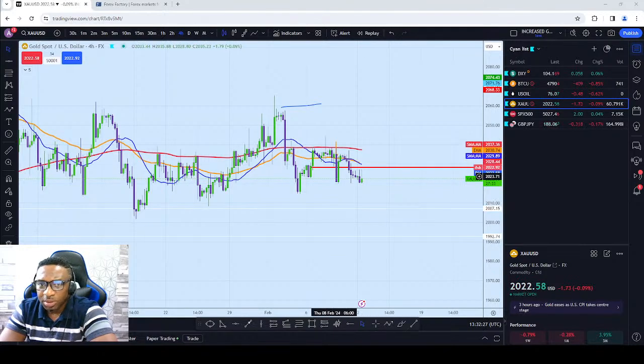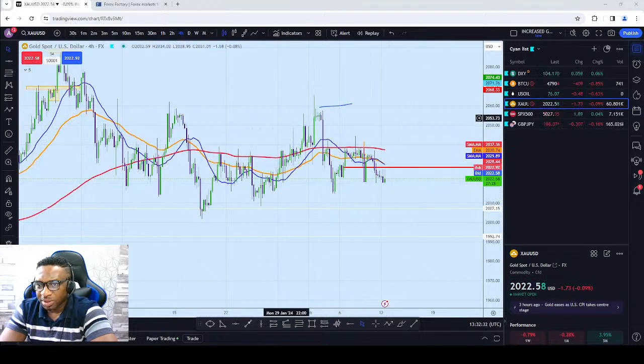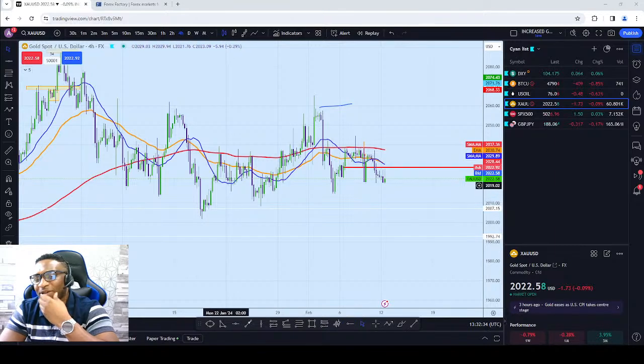Okay, currently on the 4-hour time frame, gold is moving sideways.